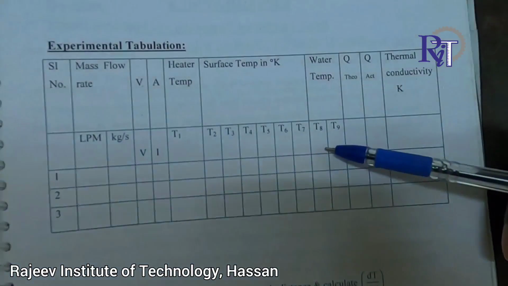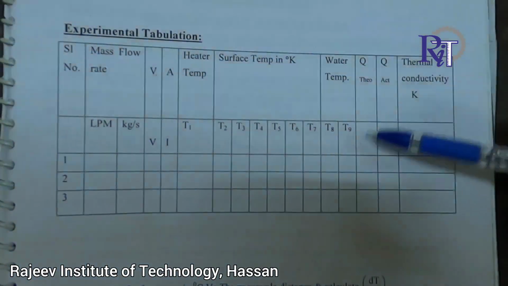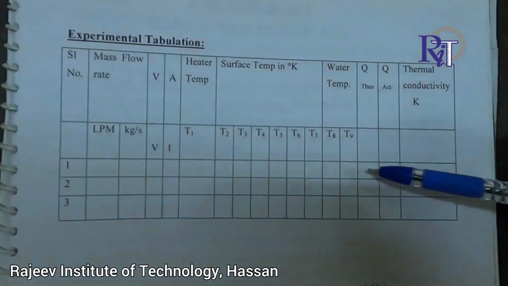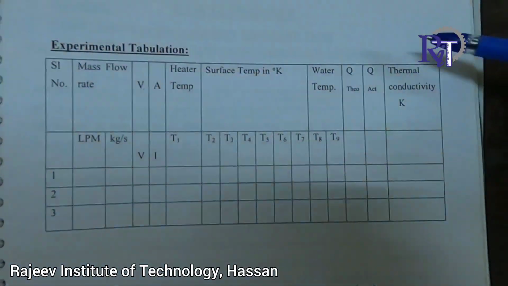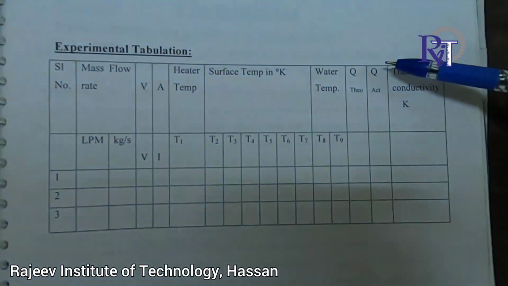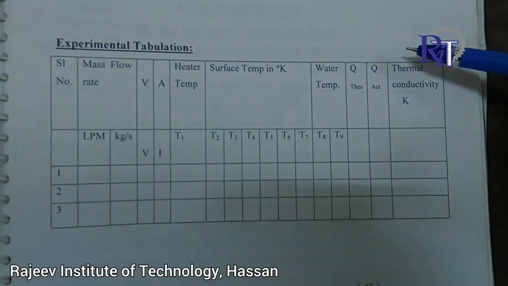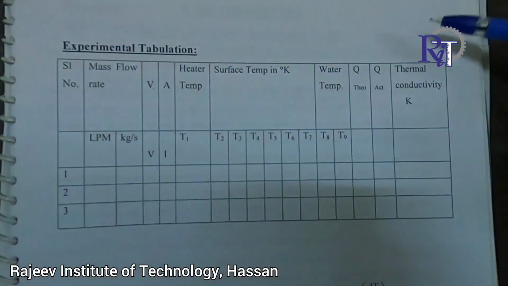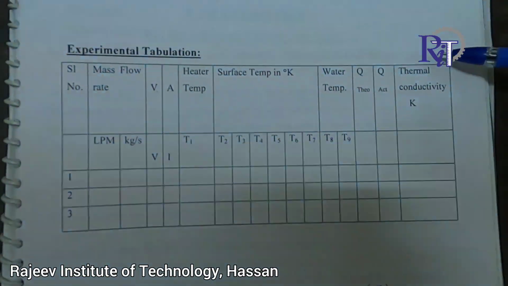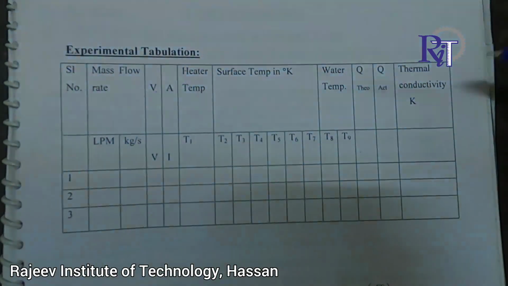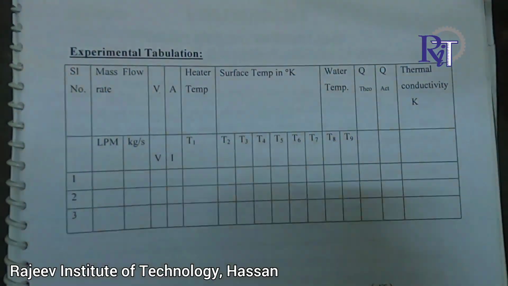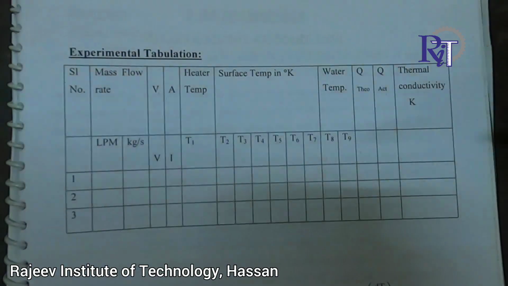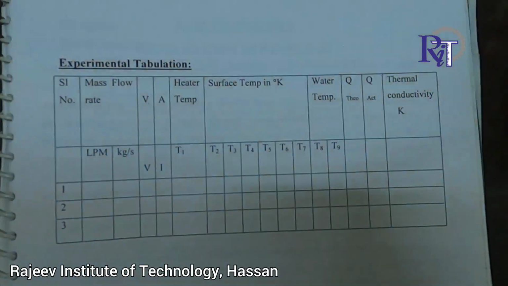T8 is the temperature of water at the inlet and T9 is the temperature of the water at the outlet. Then you are going to find out Q theoretical and Q actual. Then with the help of these values you will be able to find out the thermal conductivity. Now let us move on to how we are going to conduct the calculation part for this tabular column with the readings we have taken.